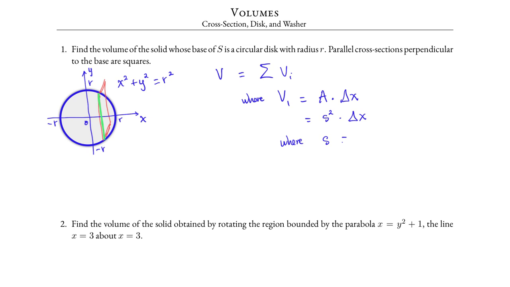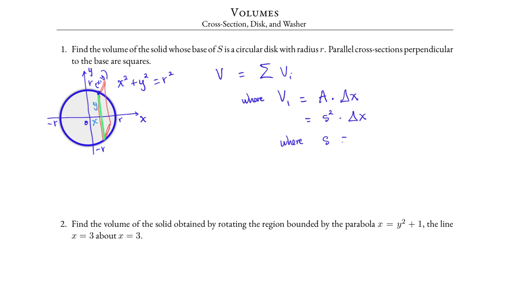Oftentimes on the graph with the cross section, we label the intersection of the cross section and the graph at the point x, y. The horizontal distance from the origin to the cross section is x, and the vertical distance from the origin to the point is y.